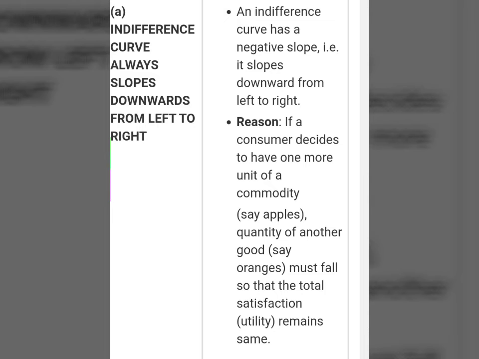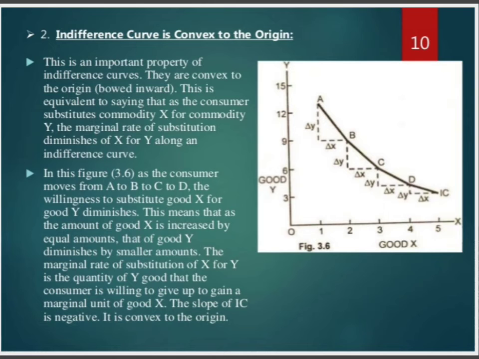For example, if I want one more apple, then the oranges must fall so that the total satisfaction remains the same. If I want something, then I have to sacrifice the other. That's why the slope is downward.